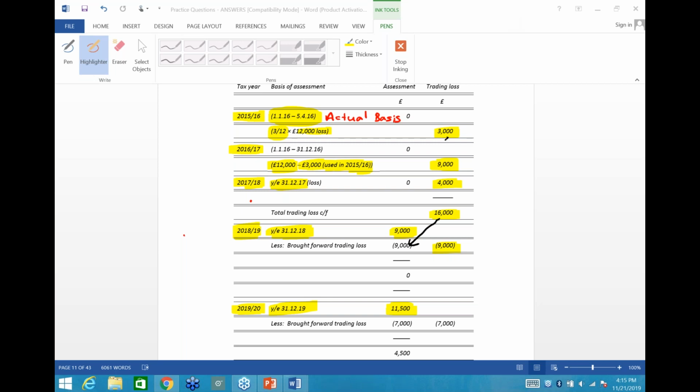That 7,000 you must set off against the next available trading profit. So if you go for the carry forward relief, you can use 9,000 in the tax year 18-19, and the balance 7,000 you can use in 19-20 against 11,500. So that is how you can use the carry forward relief. There will be a balance of trading profit in the tax year 19-20 of 4,500.